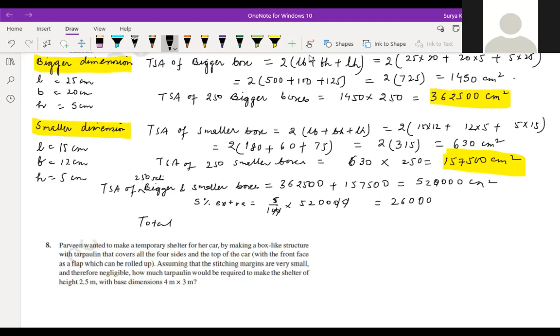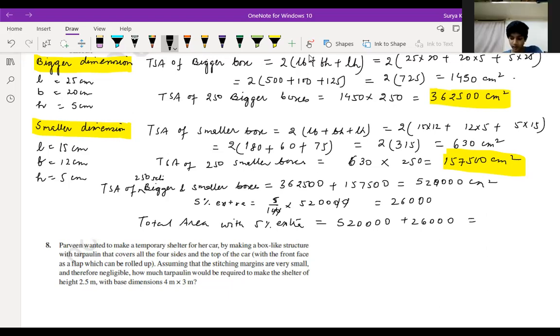Total area with 5% extra, correct? So 520,000 plus 26,000. What will you get here? 546,000.